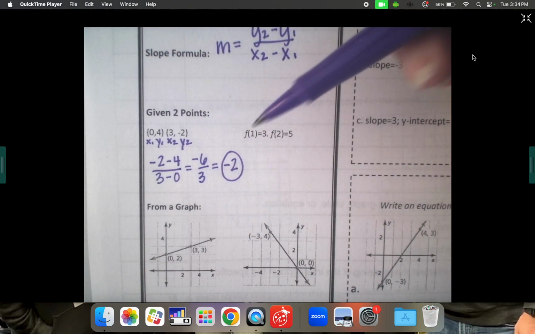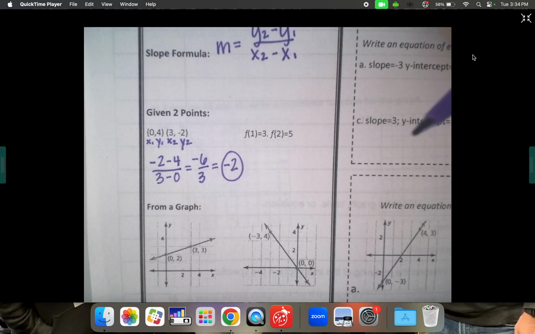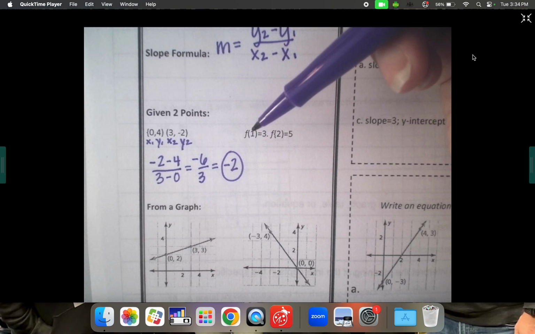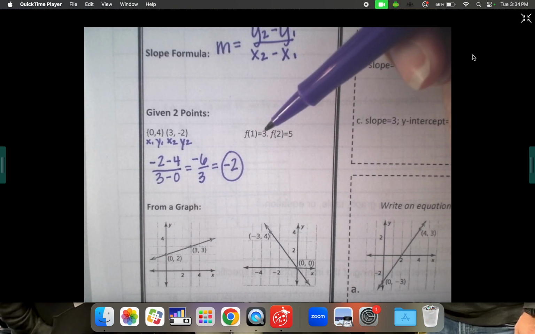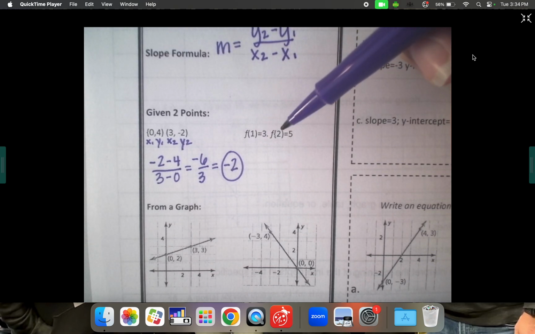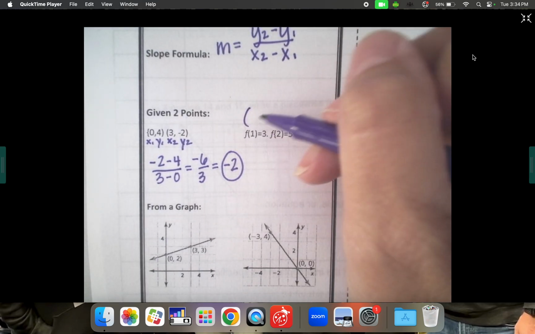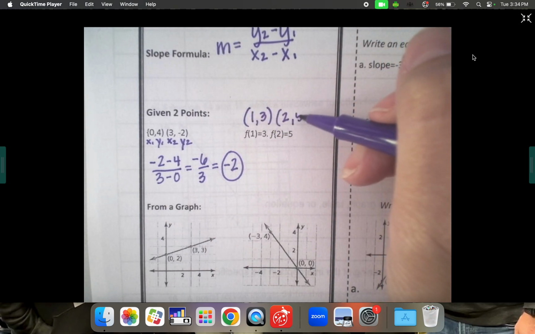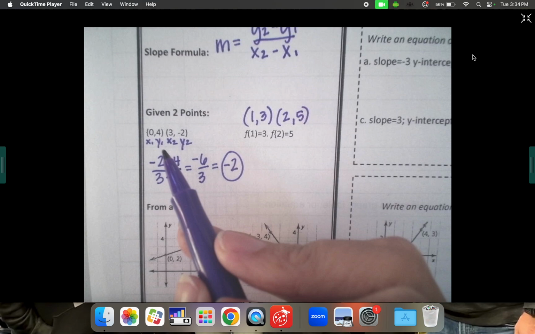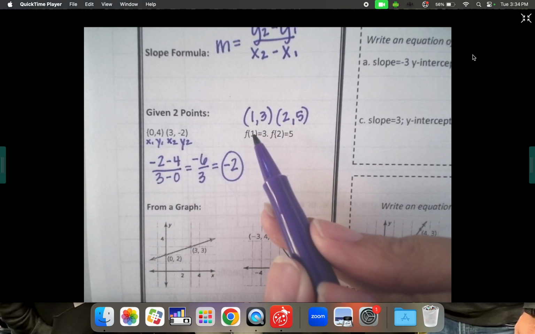You've maybe never seen it written like this with function notation, but all that means is your first x is 1 and your first y is 3. Your second x is 2 and your second y is 5. So you could turn this into ordered pairs. So it still is the same thing you do here.